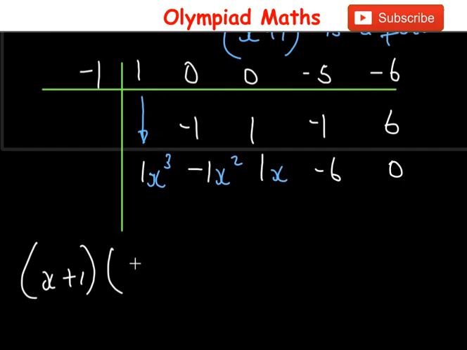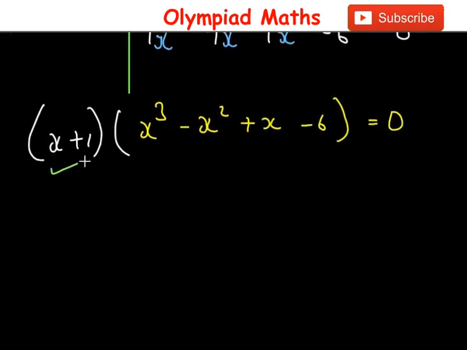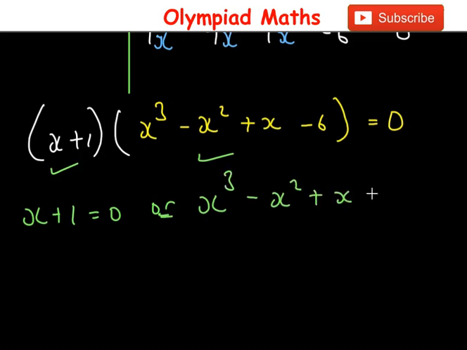So the factor then becomes x raised to power 3 minus x squared plus x minus 6, and this equals 0. From here, we can equate this to 0 or equate this to 0. So we have x plus 1 equals 0, or we have x raised to power 3 minus x squared plus x minus 6 is equal to 0.